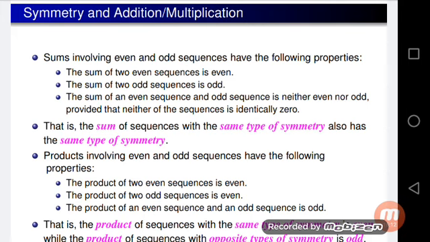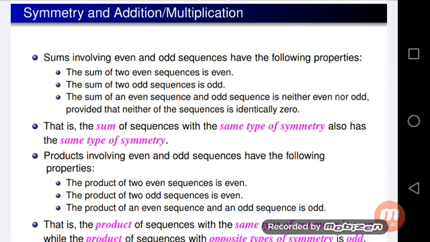And the third condition is the sum of an even sequence and an odd sequence is neither even nor odd, provided that neither of the sequences is identically 0.